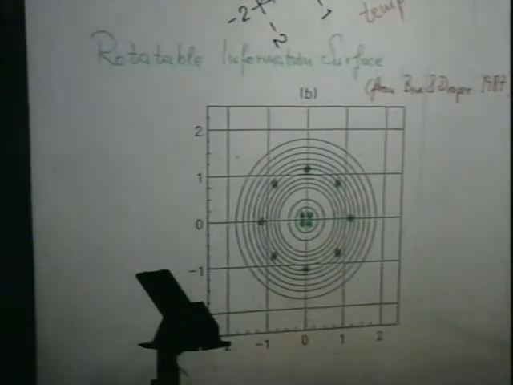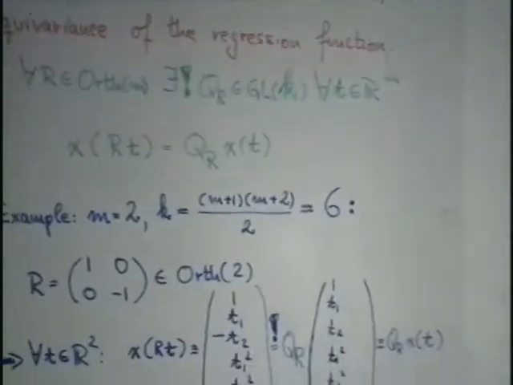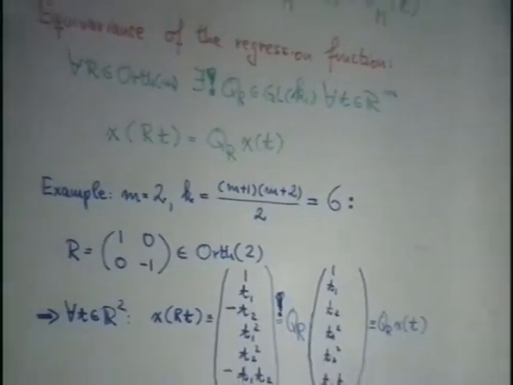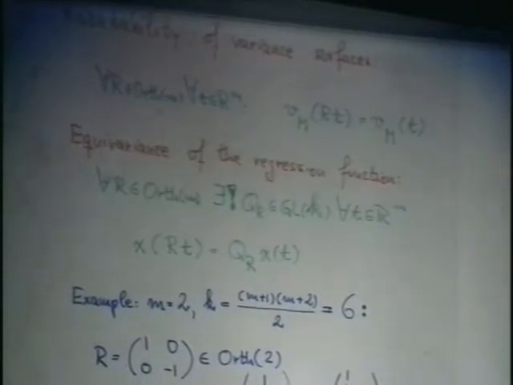So this is invariance with respect to rotations, and if we want to describe this mathematically, we need to introduce some orthogonal transformations and claim that something is invariant under the action of these orthogonal transformations.